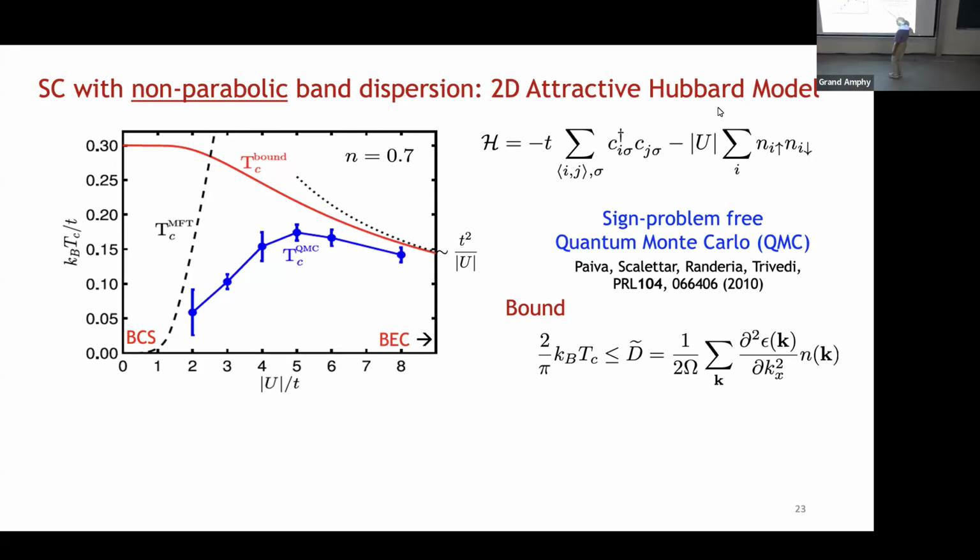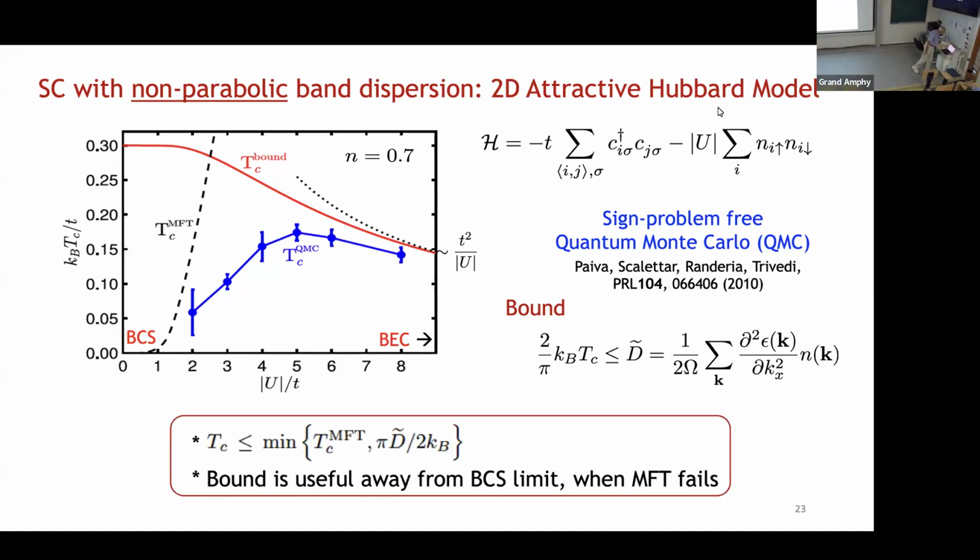So our bound actually gets the t squared over U asymptote of the strong coupling regime. But you can see here that in the weak coupling BCS limit, our bound is an upper bound, but a very useless one. But our bound is much more reasonable because BCS theory would have given you an answer up there near the maximum and all the way down into the strong coupling regime.